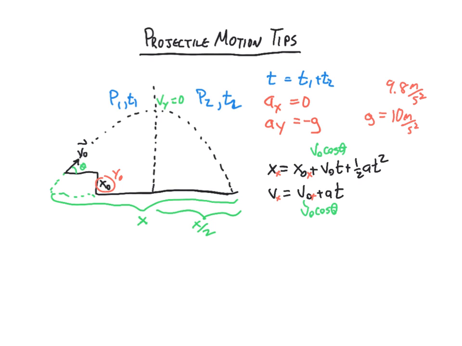And of course in x, there is no acceleration. In y, the term would be minus 1/2 g t squared, and minus g t. And of course, this would be sine theta on the v0, if this was y.